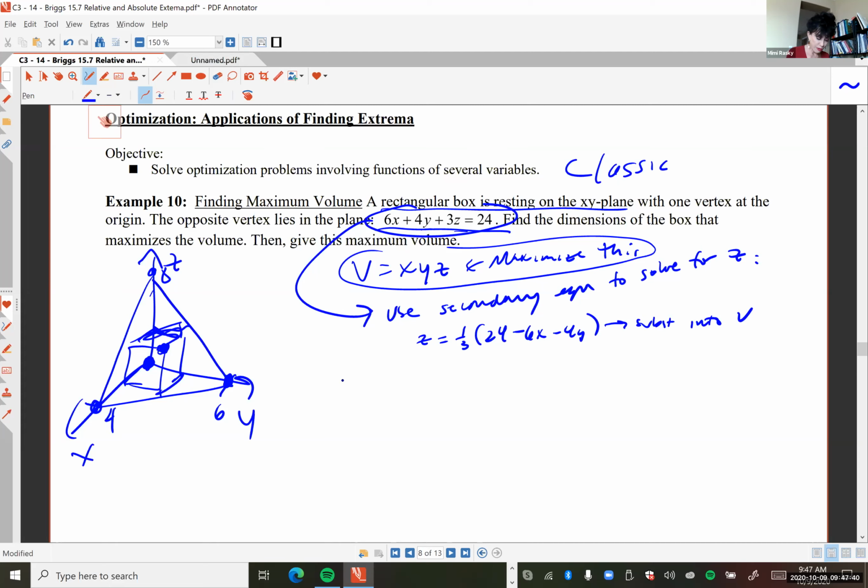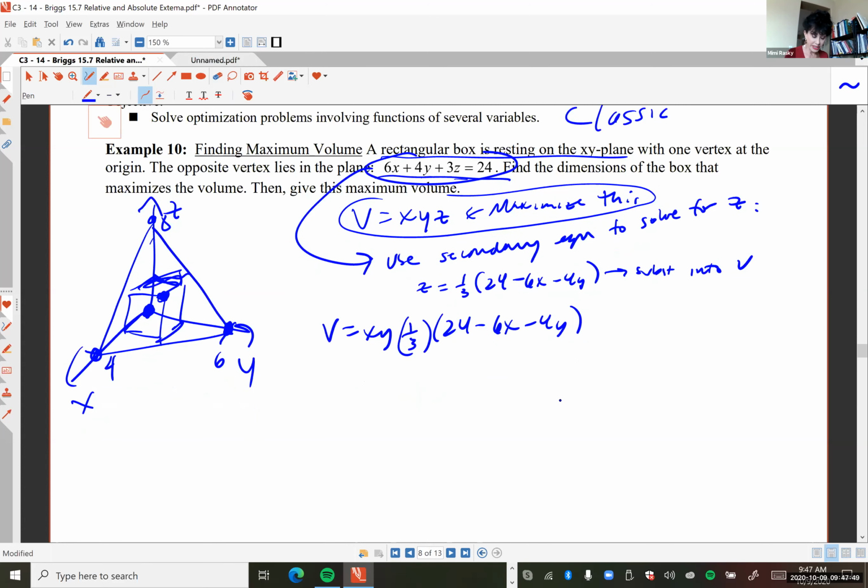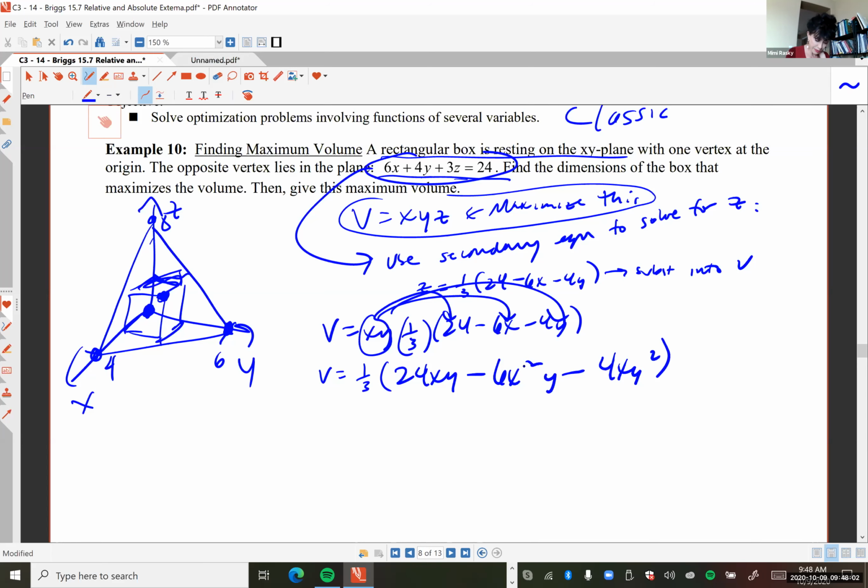Great. So your volume equation is going to look pretty disgusting. I know. Like this. And then before I take my partials, I leave the 1/3 out because fractions irritate me, but I will distribute the xy. So it's going to look like this. Okay. And now I'll go get my partials.